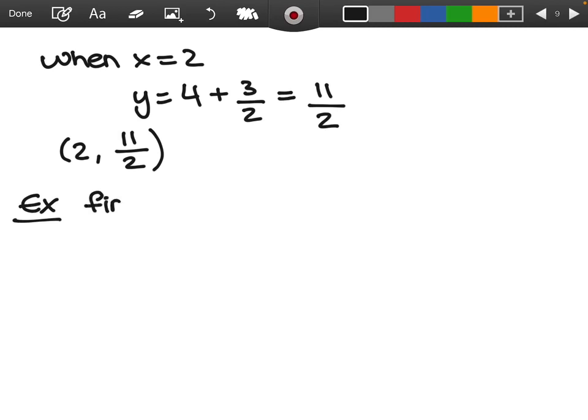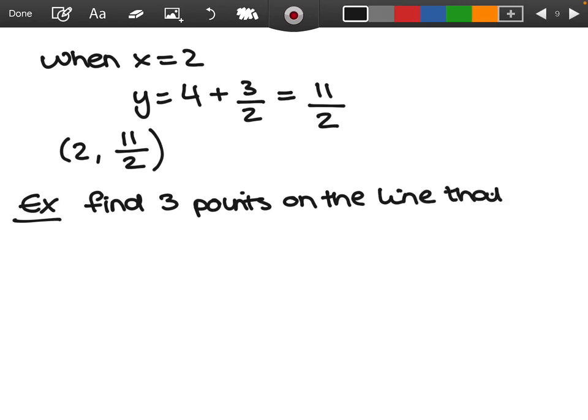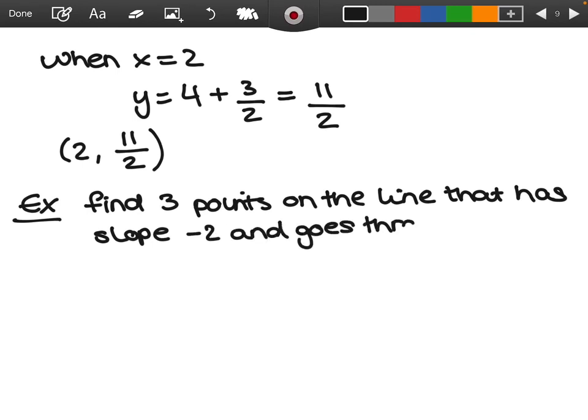So find 3 points on the line that has slope -2 and goes through, let's say, (1, 3). We're going to use our steepness property to do this. We're starting at (1, 3).